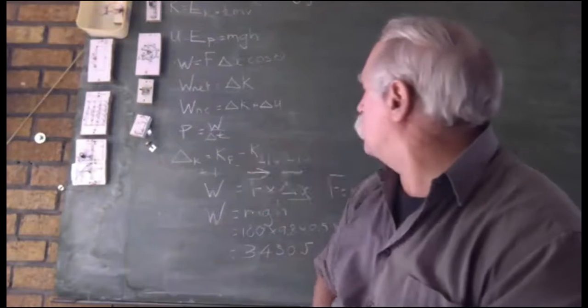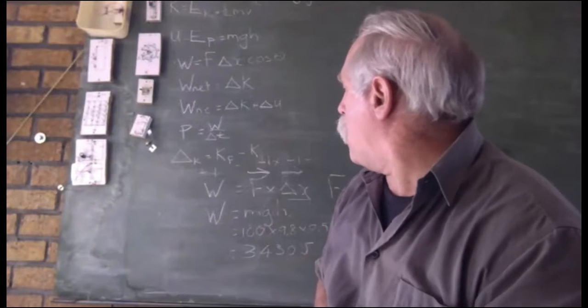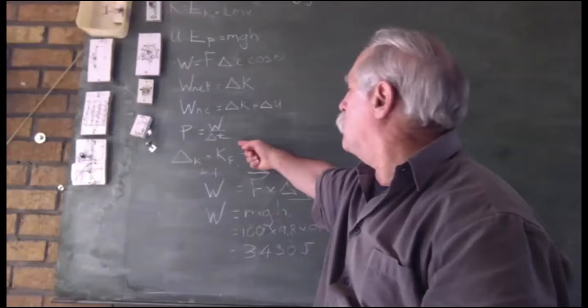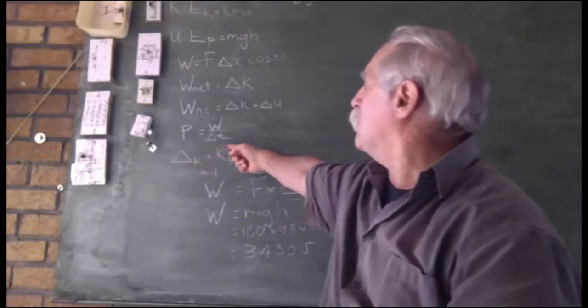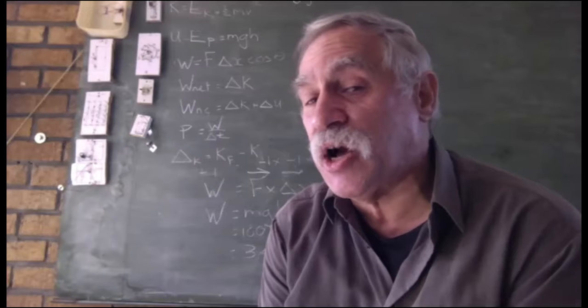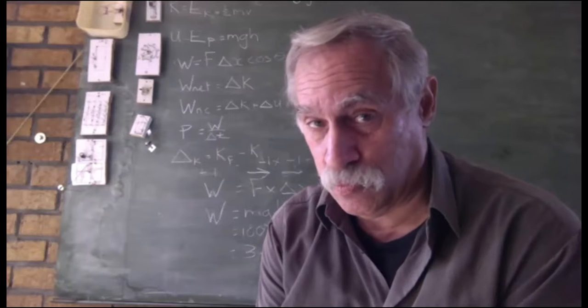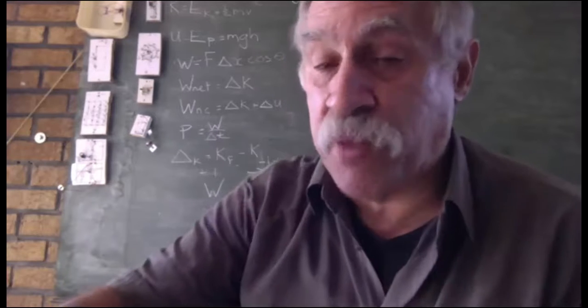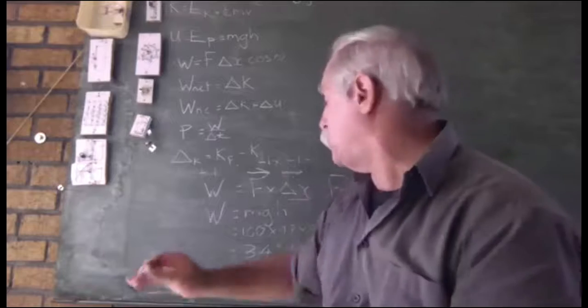Okay, now, what is power? Here's the formula. Power is work divided by time. So let's see how powerful I was to stand up this many times in 10 seconds.